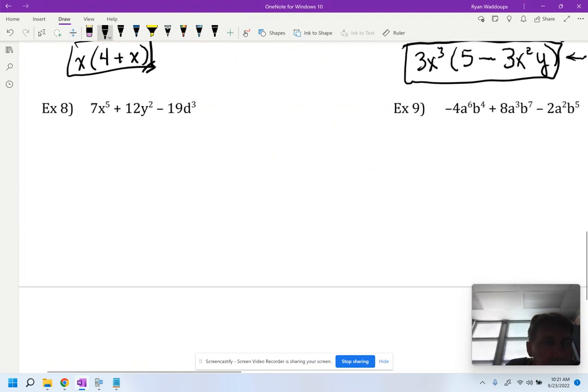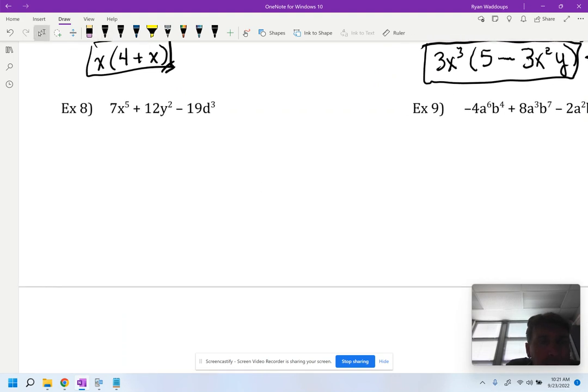All right, example 8. 7 is prime, and neither 12 nor 19 are multiples of 7. So the only thing they have in common as far as their coefficients would be 1. And then I look at the first one, and it has x's, but the second one does not have x's, neither does the third. So the only thing that they all have in common is 1.